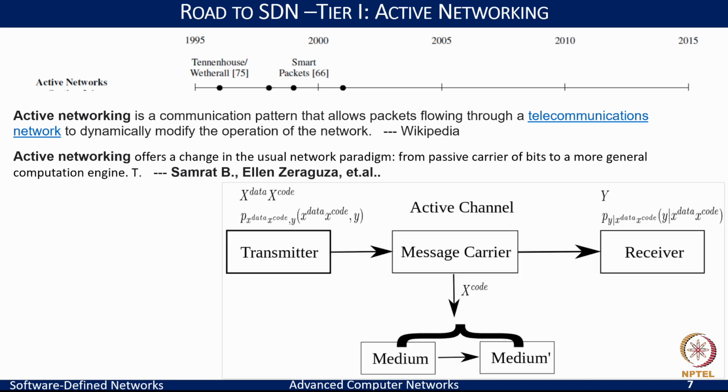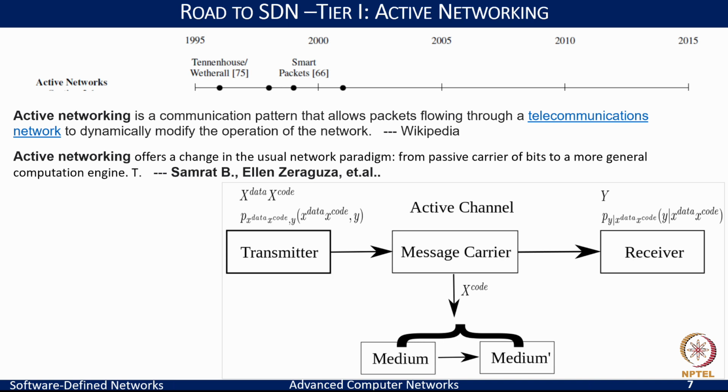So if we see this figure here, as a transmitter, you want the data X to be transmitted, which constitutes the data that you eventually want the receiver to receive, say a Y, or not necessarily the same data as what you transmit, but a function of that data that will eventually result in the receiver receiving the data Y on the other side.